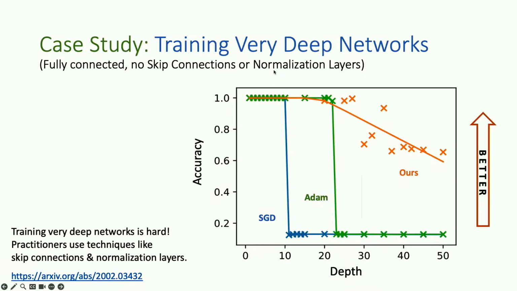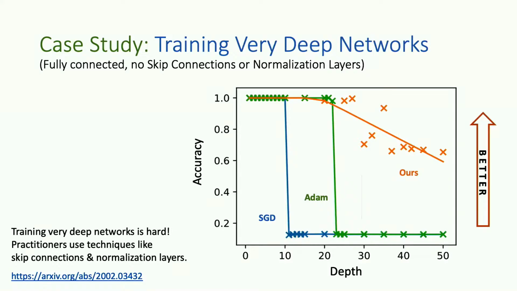It's really hard to propagate gradients through this neural network. But just as a thought experiment, what you see here is that as the depth of this neural network gets larger, Adam and SGD just completely fail to learn anything, whereas our approach is still able to learn a non-trivial model, just as an interesting case study.